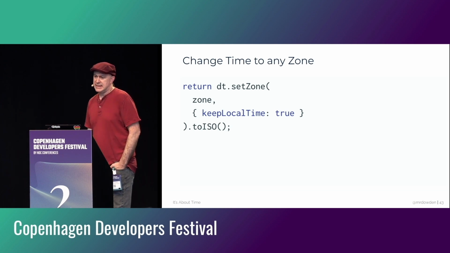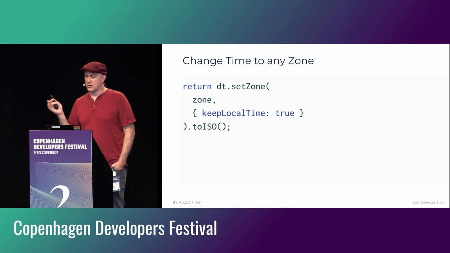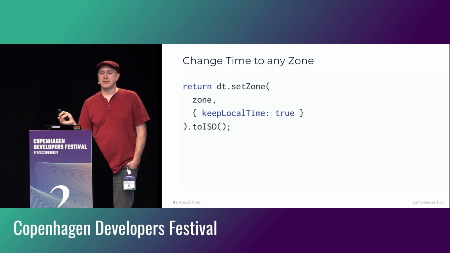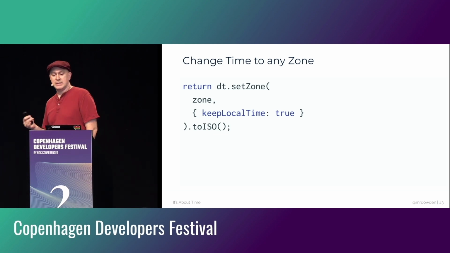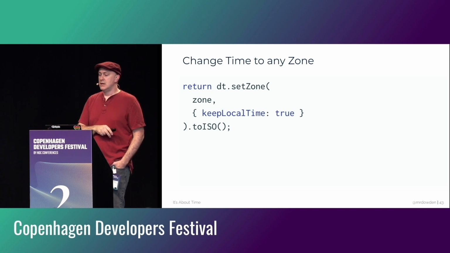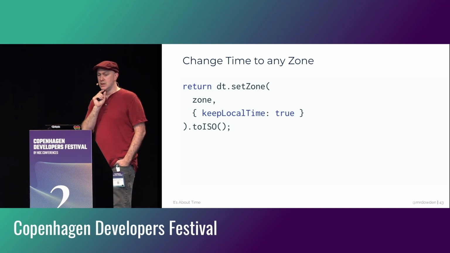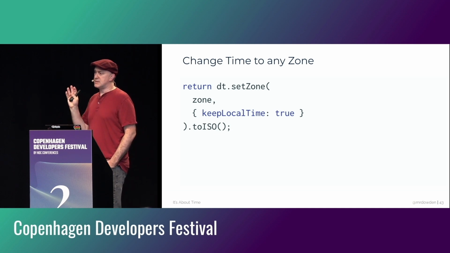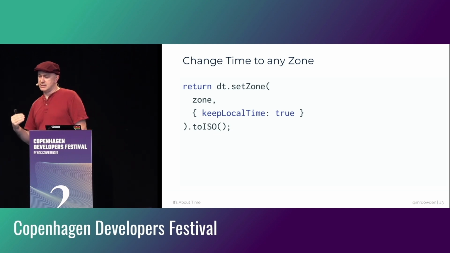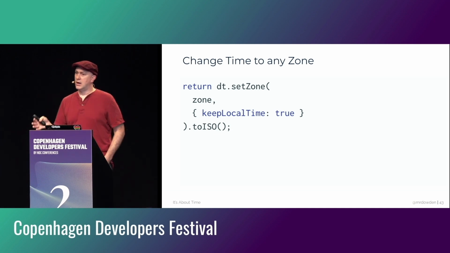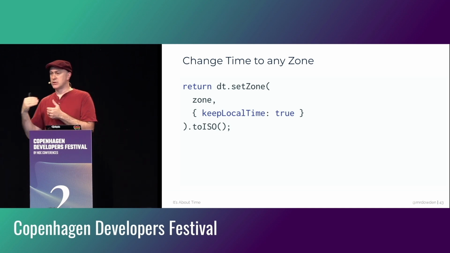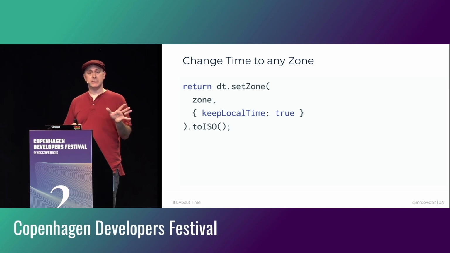And so let's say that you have a date time that is at 4 a.m. on August 30th in EDT, but you want a date time that is at 4 a.m. in CET, right here. This is how you do that using Luxon. keepLocalTime true means that it's going to replace the time zone of the date, but keep all the numbers the same.